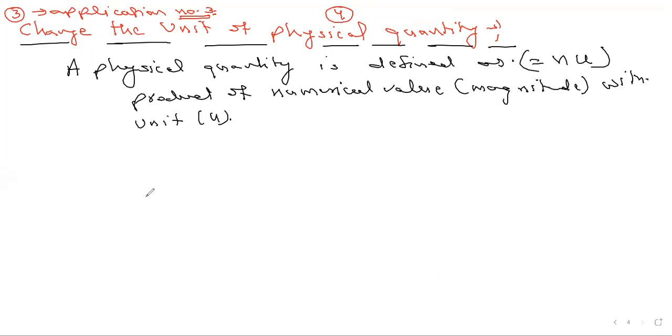That means for any physical quantity, there are two requirements. Number 1, there should be a numerical value, and there should be a unit.